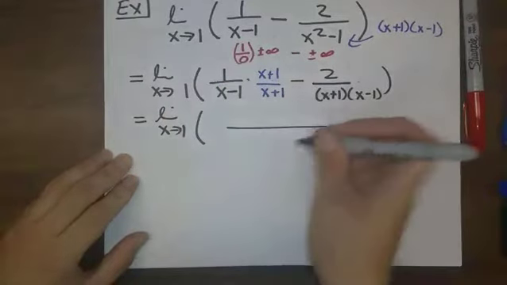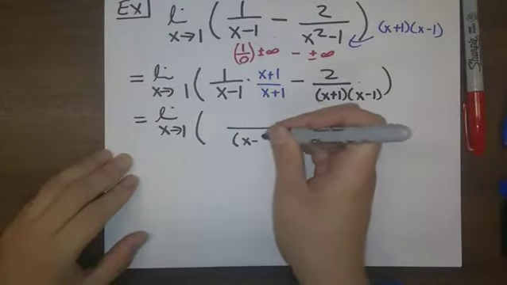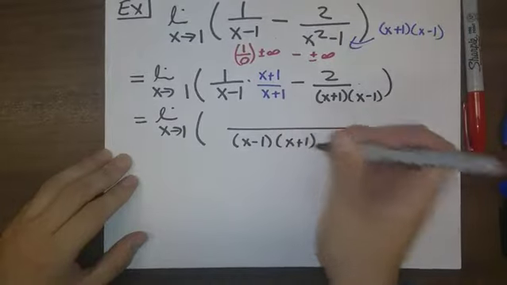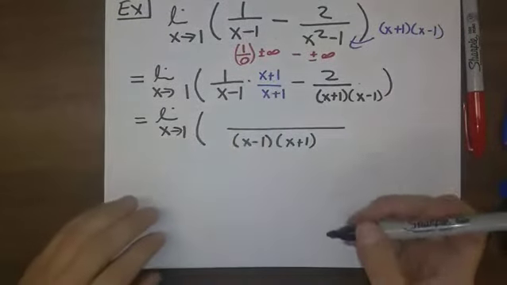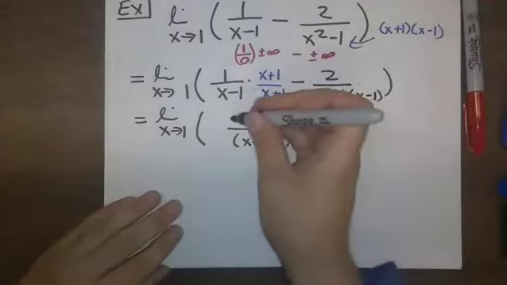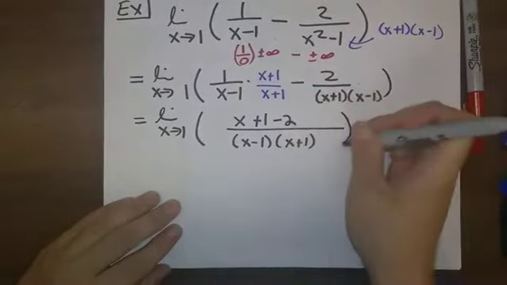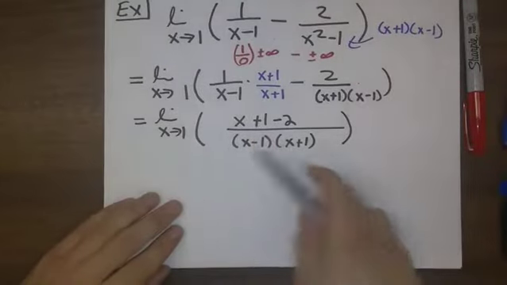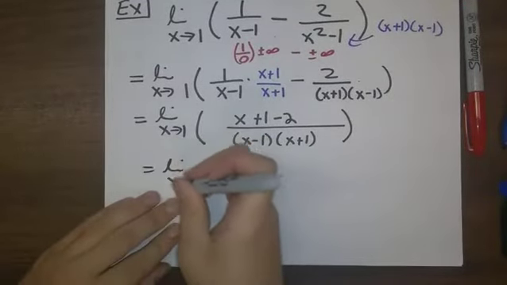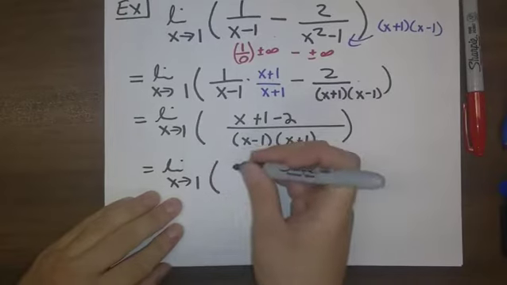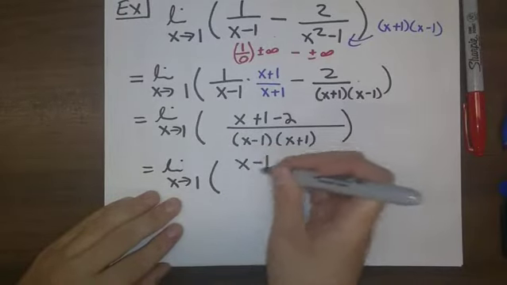So at this point, everything is over x minus 1 times x plus 1. And upstairs, we have x plus 1 and then minus this 2 here. We can simplify the numerator to get x plus 1 minus 2 is x minus 1.